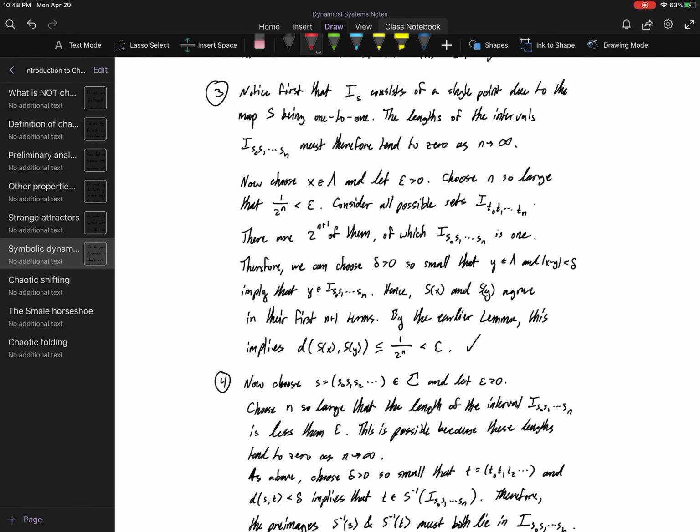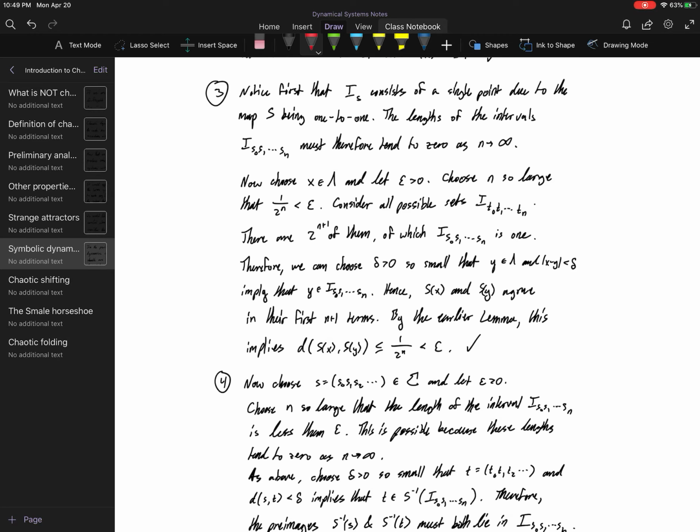Now, we want to show continuity. So notice first that there is something in there that maps to a particular itinerary. But that set consists of a single point due to the fact that s is one-to-one.